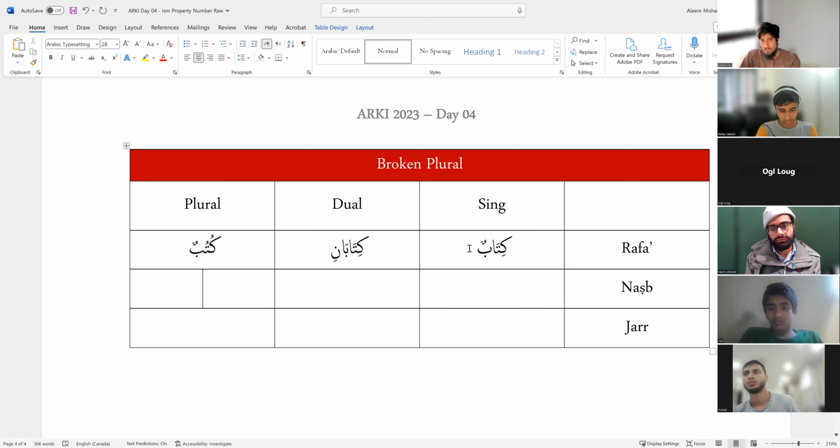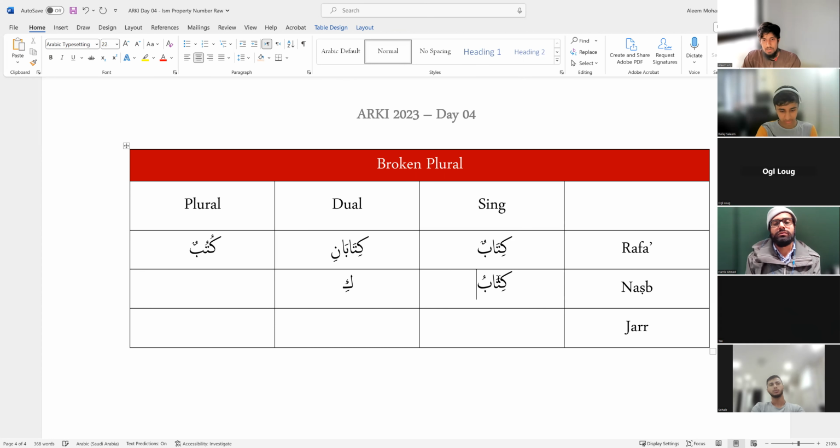So for broken plurals, they actually just look the same as the singular, right? They just get a tanween ending, or they just get like a regular dhamma ending, and that shows that it's in a state of rafa. Same thing, right? And so this will be kutubun, and this would be kitabun, and then this one would be, as we've seen before, kitabani, right?